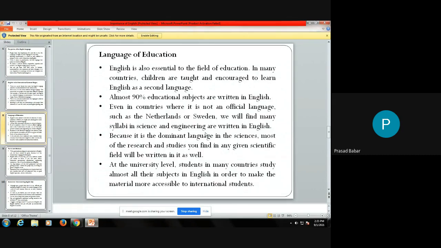Most of the research and studies you can find only in the English language.